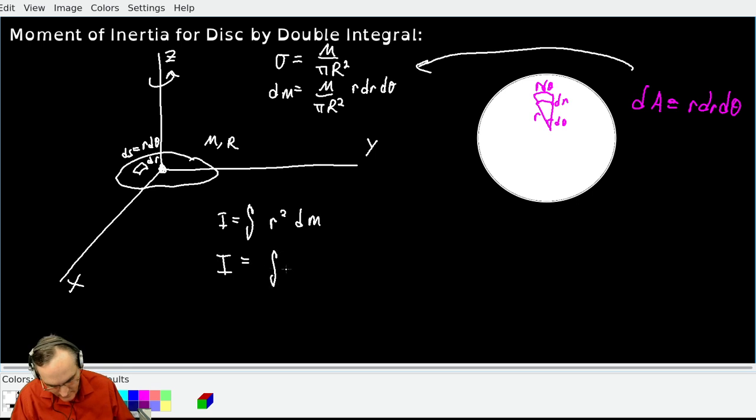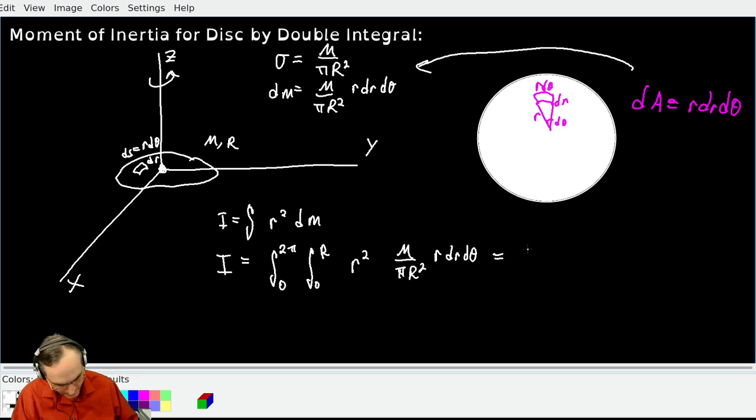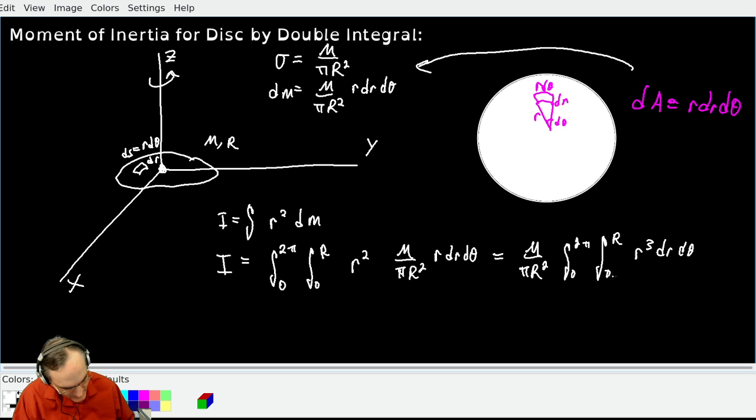All right, so outer integral is the theta, 0 to 2 pi. Inner integral is the r from 0 to the radius of the disk. Then we have r squared m over pi big R squared, which is a constant, r dr d theta. Okay, so m over pi big R squared, integral 0 to 2 pi, integral 0 to R of r cubed dr d theta.